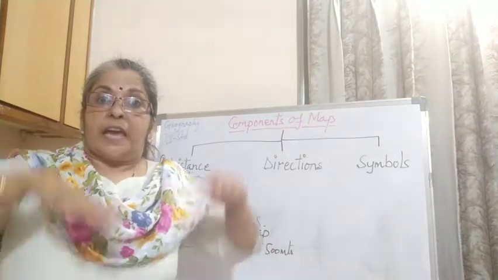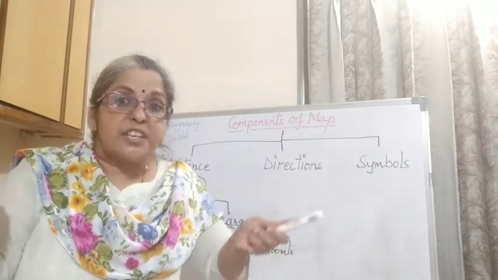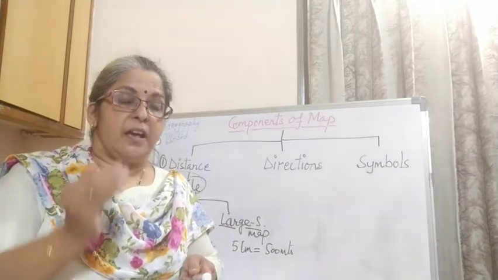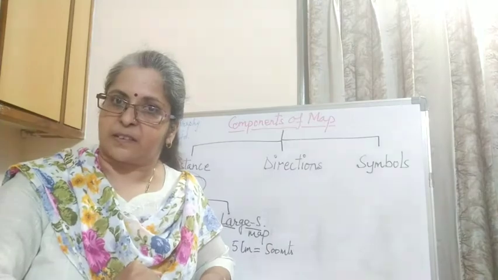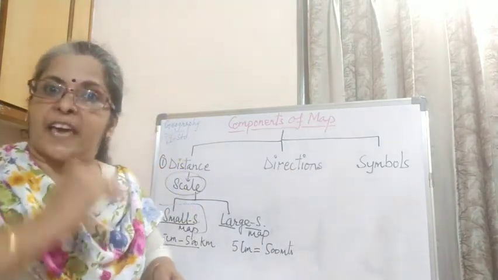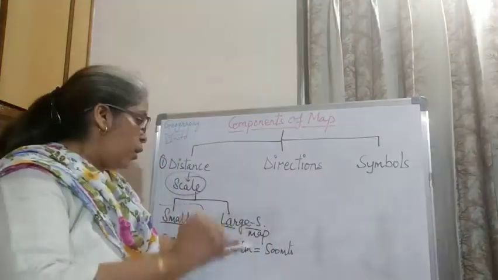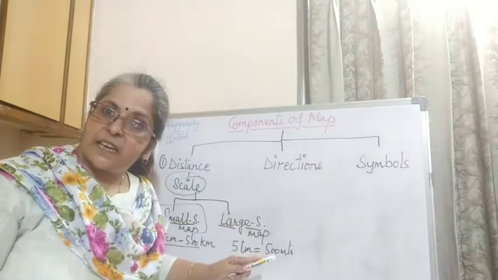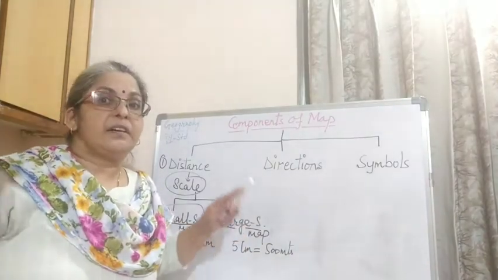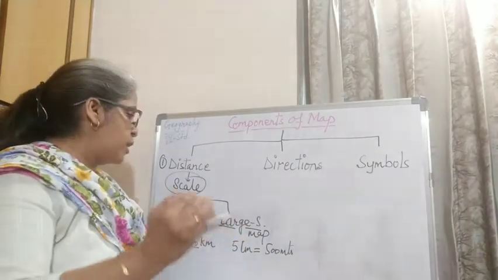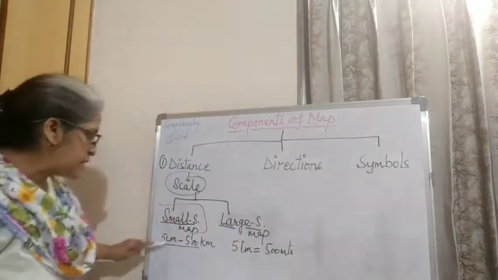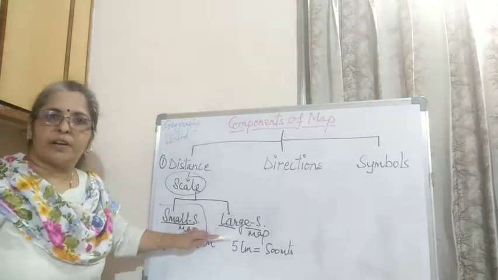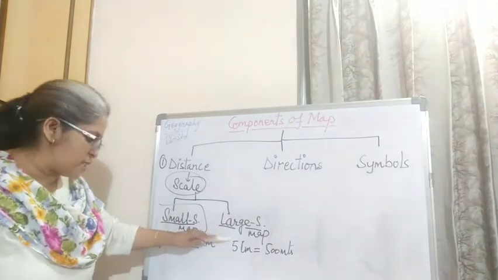Asia is so big. In Asia we have our country India. In India we have Gujarat. In Gujarat we have Anand district. So when we want to study the Anand district, we use the large scale, because we want detailed information. So this is clear: what is a small scale map and what is a large scale map, regarding distance.